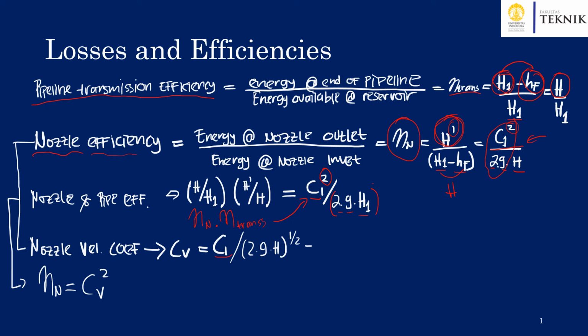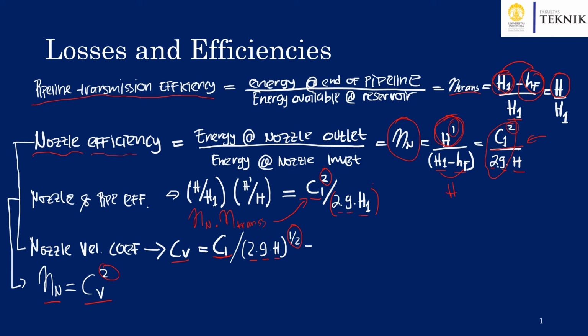And we will have the nozzle velocity coefficient, or CV, that is equal to C1, or the absolute velocity at the inlet of the bucket, divided by 2 times gravity times H to the power of 0.5. And then by looking at these equations, it is actually the square root of the nozzle efficiency, or we can write that the nozzle efficiency is equal to the nozzle velocity coefficient to the power of 2.